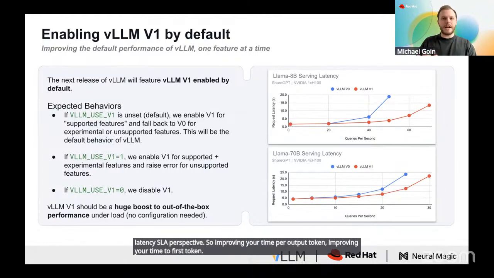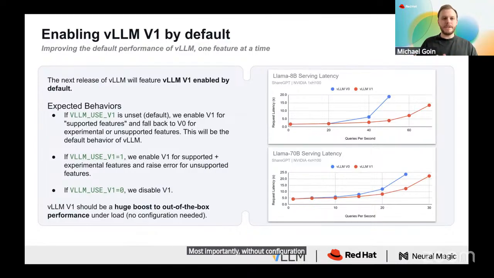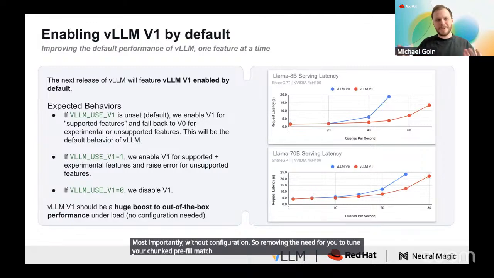Most importantly, without configuration, removing the need for you to tune your chunked prefill, max batch num tokens, or max num requests, or other things like tuning the num scheduler steps for multi-step decoding.